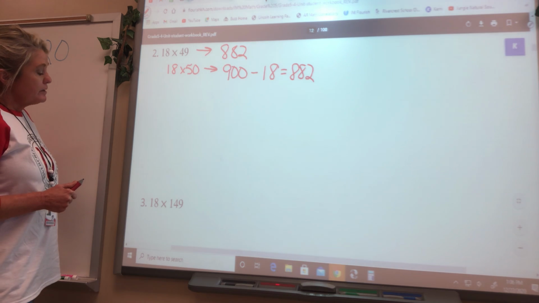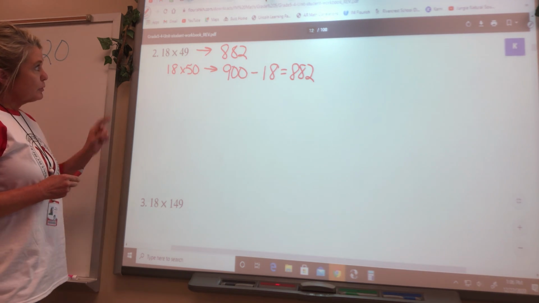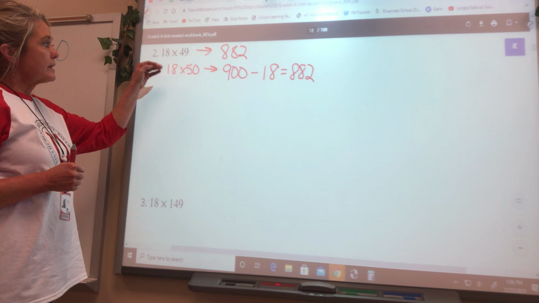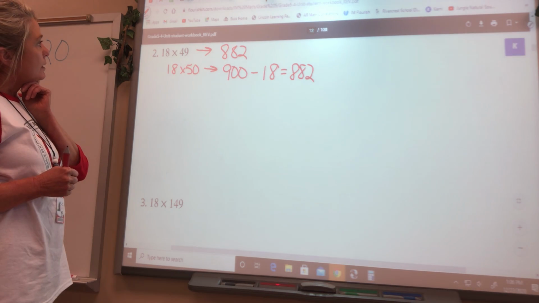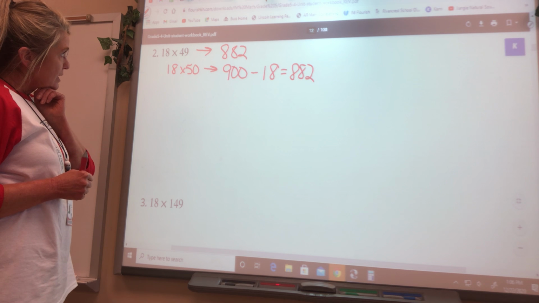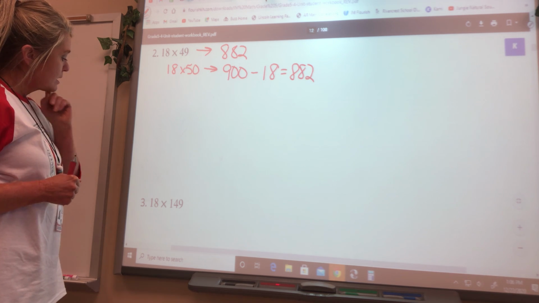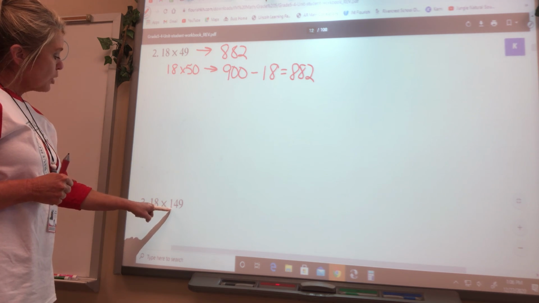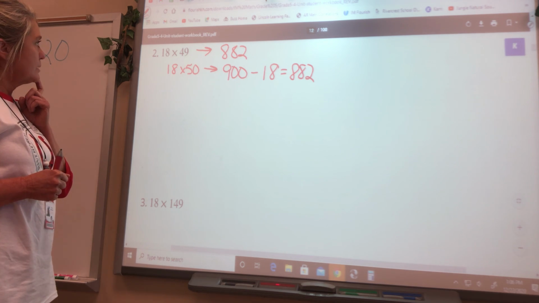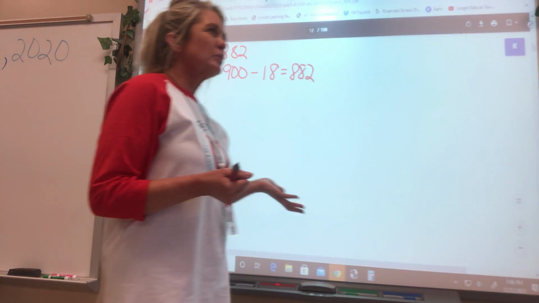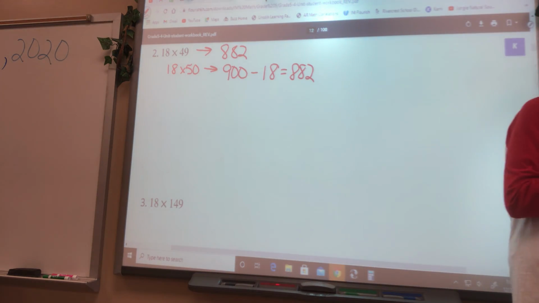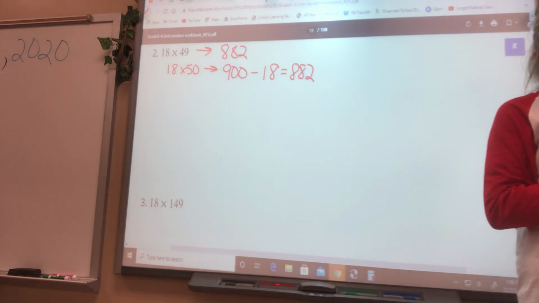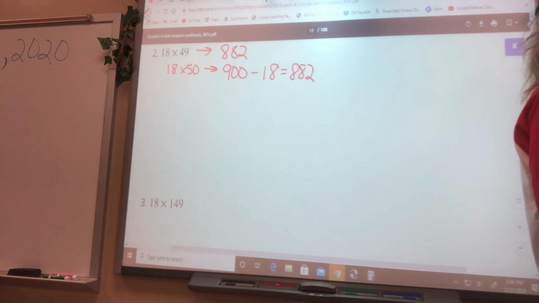And I already know that that would be one less set of 18, so I could subtract that out. Now, if I had 149 times, how much larger than 49 is 149?